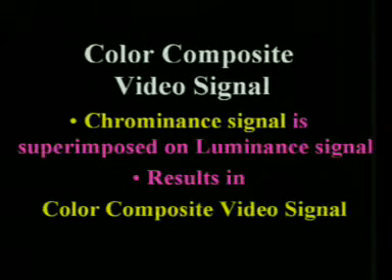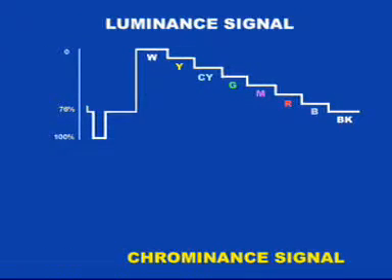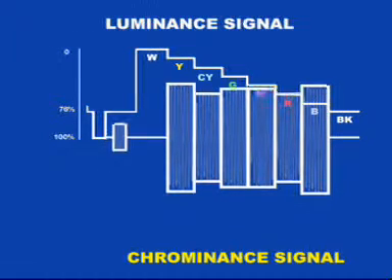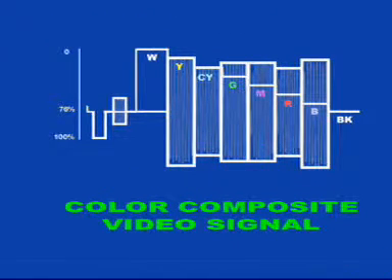That results in a color composite video signal. These luminance and chrominance signals form the color composite video signal.